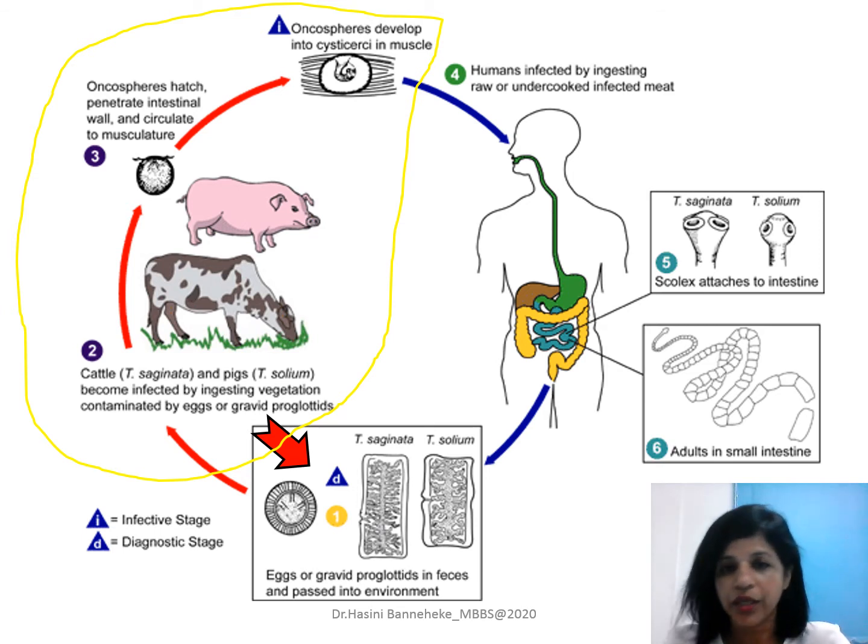So how we get the disease is when we eat the cyst-containing muscle of the cattle or the pig. When we eat it raw or uncooked, we can get the infection, because we acquire the cyst contained inside the muscle.